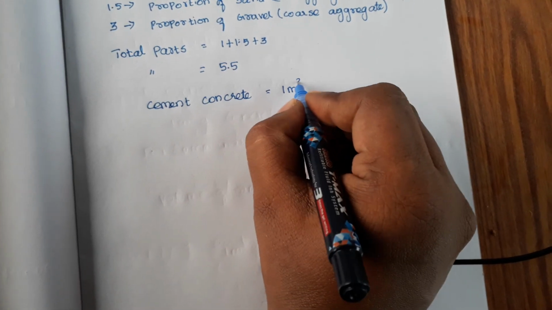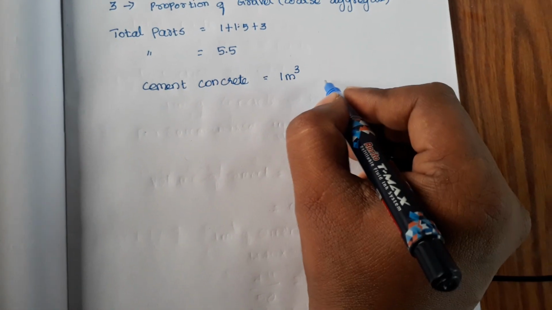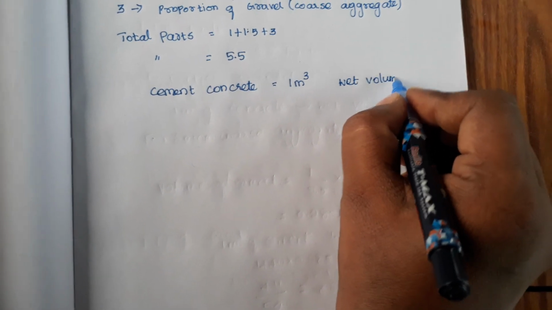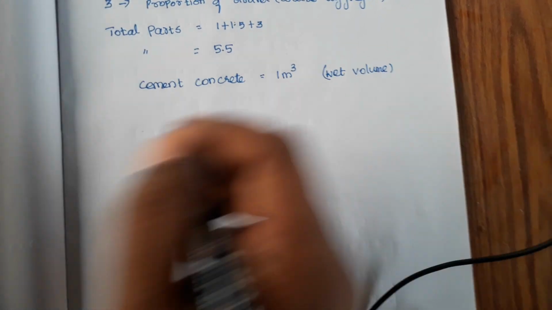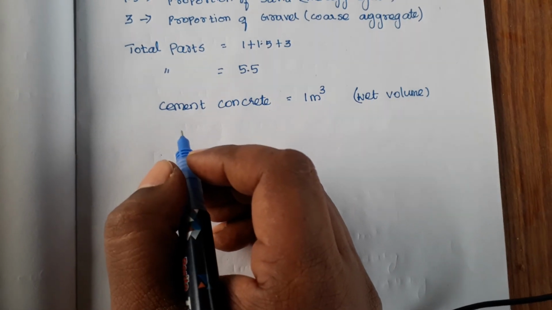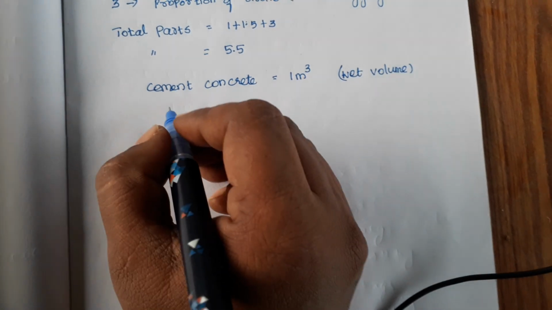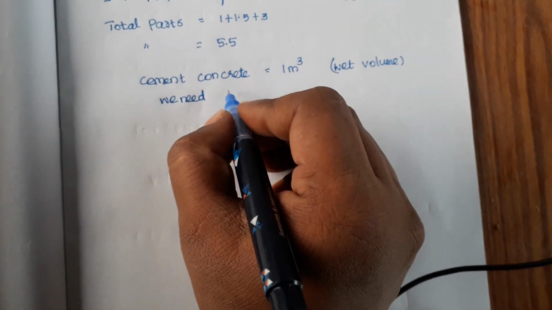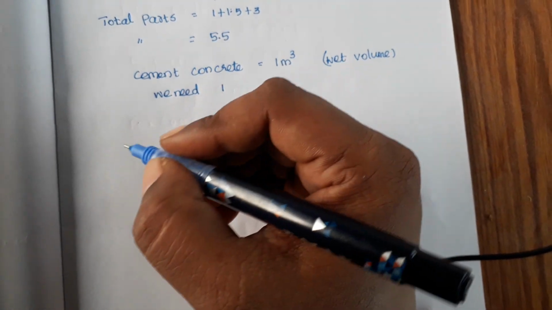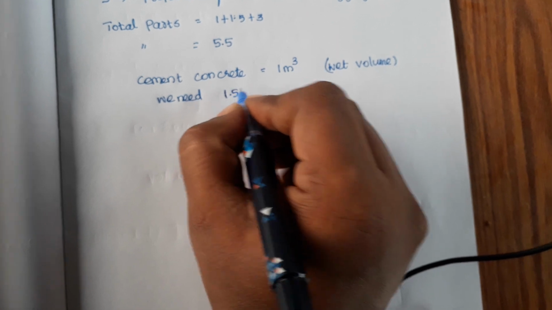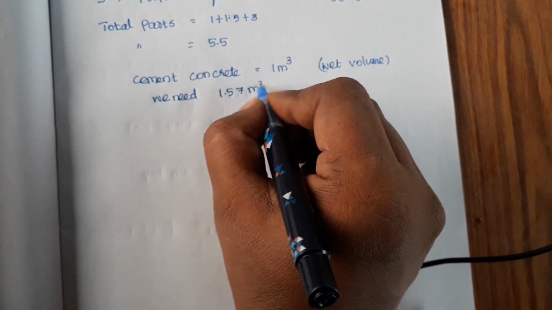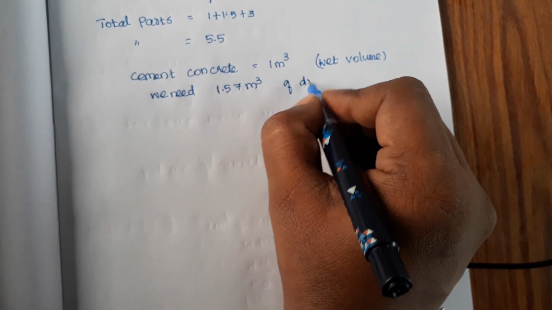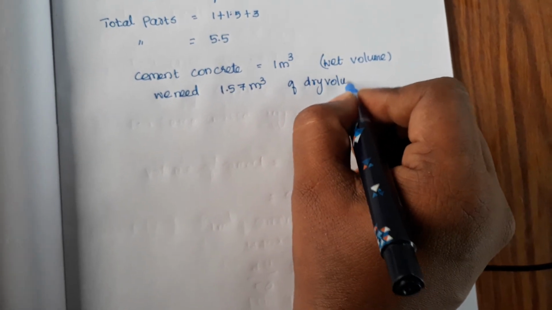One meter cube, that is wet volume. For 1 meter cube of concrete wet volume, we need 1.57 meter cube of dry volume.